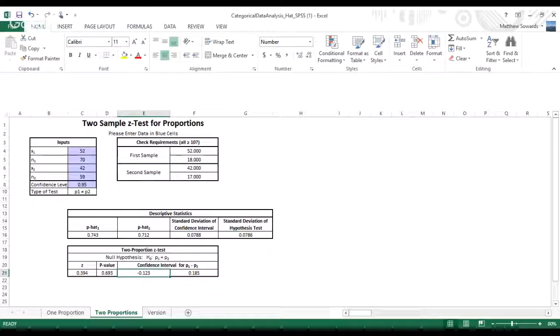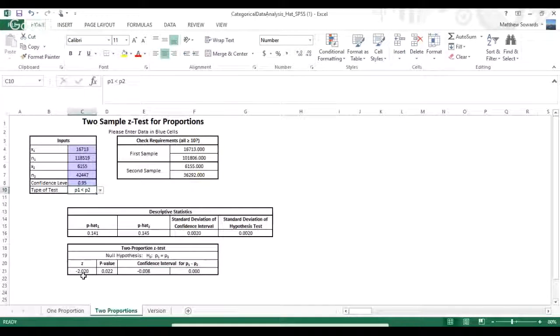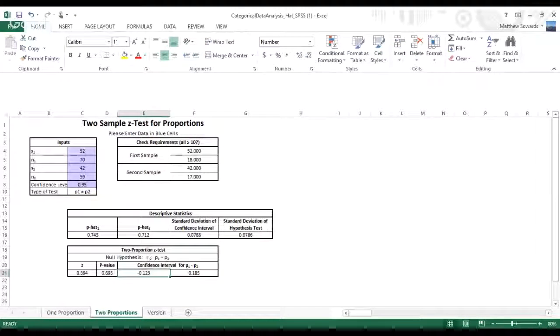So I didn't do any of the z-scores or the p-value. Okay, so I lied. The z-score is actually the most complicated math in this. It's really difficult, but it's on the Excel spreadsheet, so it's right here. The negative 2.020.